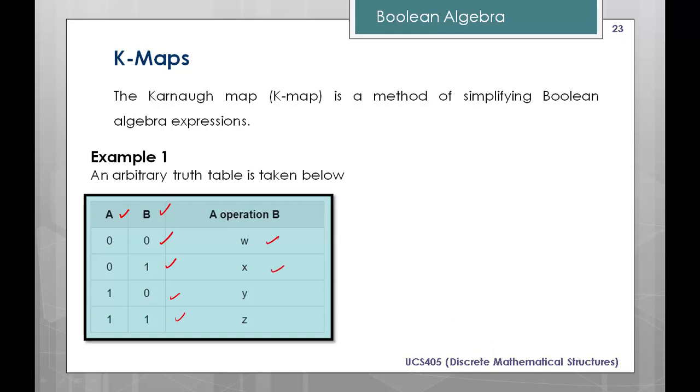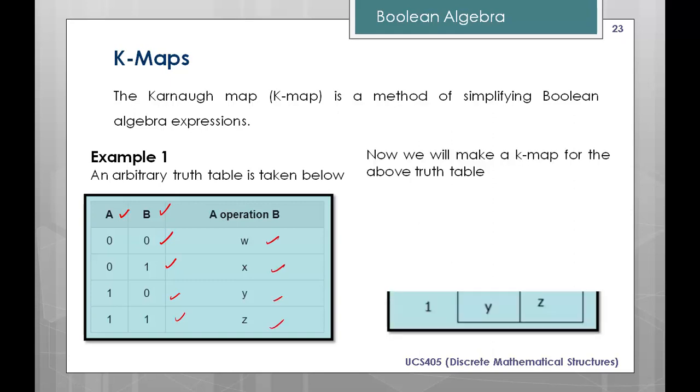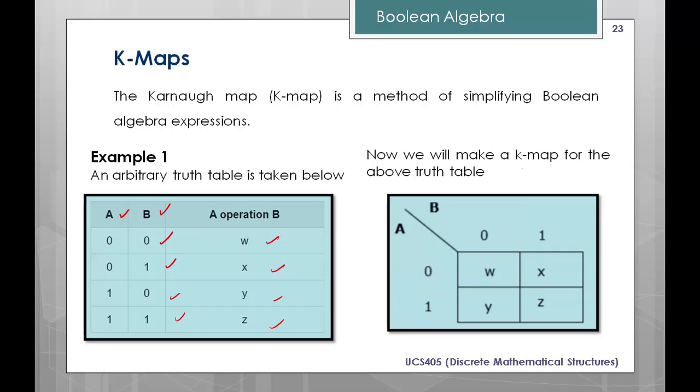These are the outputs W, X, Y, Z. Now we will make a K-map for this truth table. Here are the A inputs, 0 and 1, and these are the B inputs. First 00 will be placed here, 01 here, 10 here and 11 here.